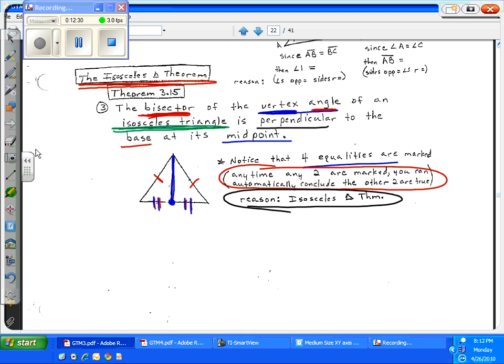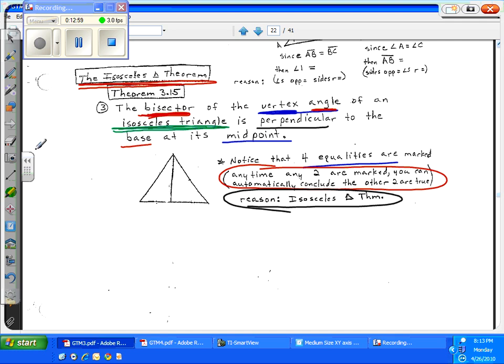Because of that, we can automatically conclude that it's perpendicular and that this was the vertex angle bisector, and we can justify those two statements with the reason Isosceles triangle theorem. We were given two of those things, and we automatically conclude that the other two are true based on the Isosceles triangle theorem. Okay?